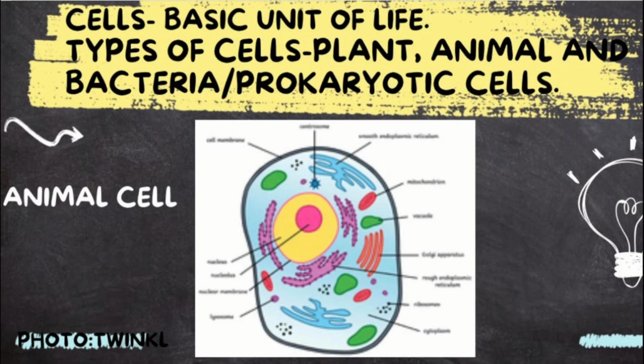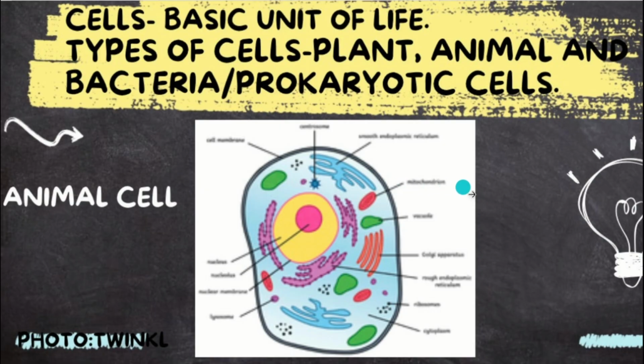Then we have our smooth endoplasmic reticulum, which is involved with steroid and lipid production. Our vacuole, we know that it stores water, nutrients, that stuff, and also acts as an excretory cell organelle, so it gets rid of stuff out of the cell.